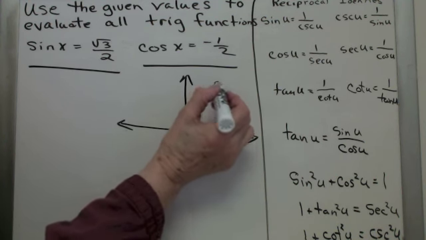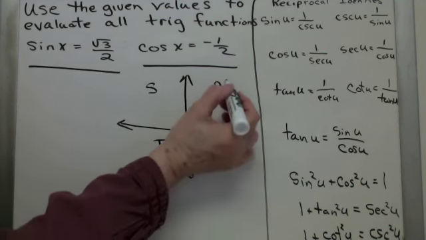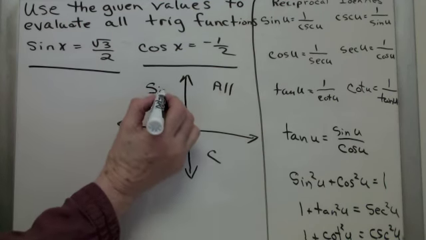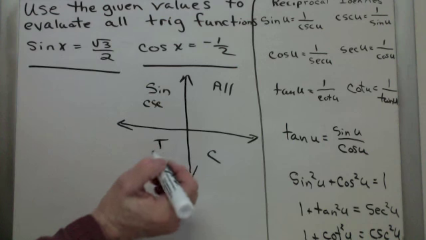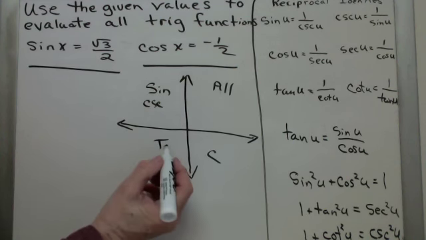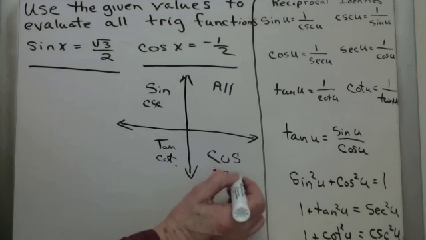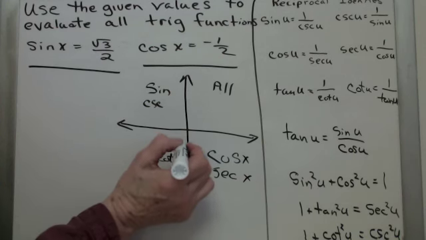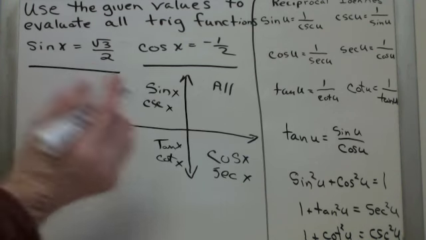This was a silly trig code, meaning all functions are positive in the first quadrant, and the sine and its partner function cosecant are positive in the second quadrant, the tangent and the cotangent in the third, and the cosine and the secant are positive in the fourth quadrant. So that's where the trig functions are positive.